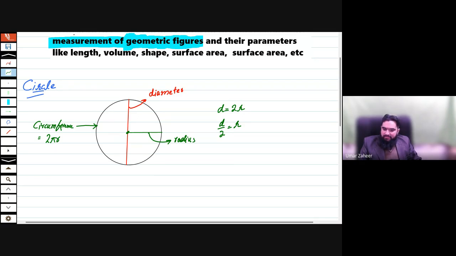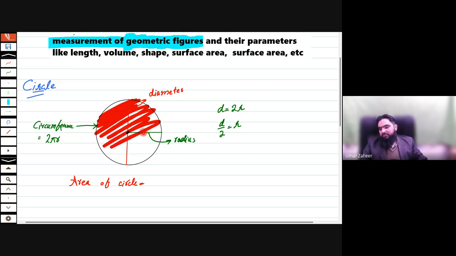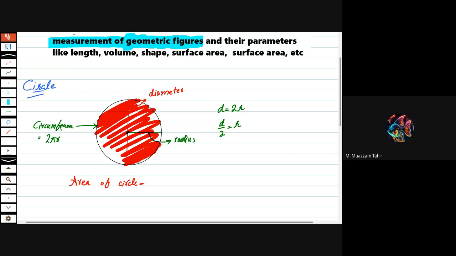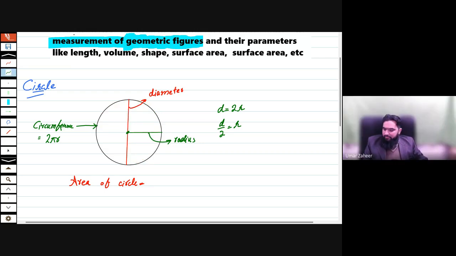And the last thing, the area of a circle is the portion that the whole circle takes up, that is equal to, yes everyone, the area of a circle, meaning this whole area, is equal to pi r squared.